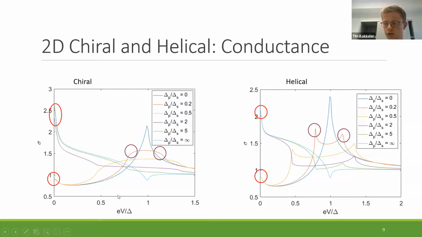And if we look, for example, for the s-wave dominant case at larger energies, then we see that for the chiral p-wave case, we have a rather smooth, broad peak, whereas for the helical p-wave case, we see two much sharper peaks around delta s plus or minus delta p. So we see that this charge conductance is also a good tool to distinguish between the s plus chiral p-wave case and the s plus helical p-wave case.